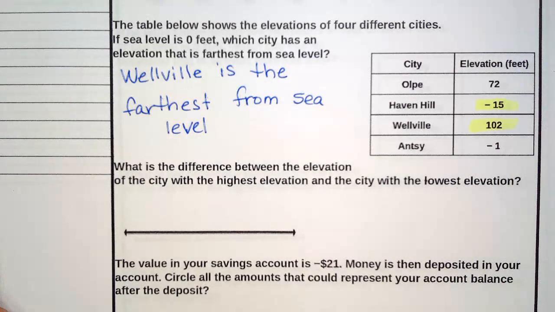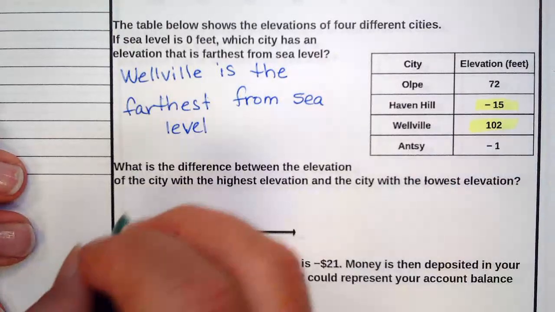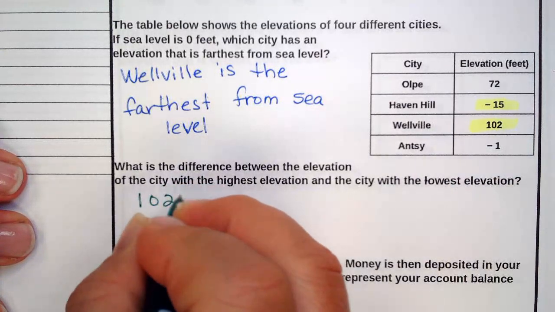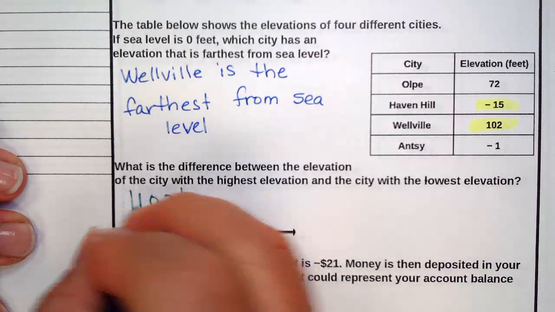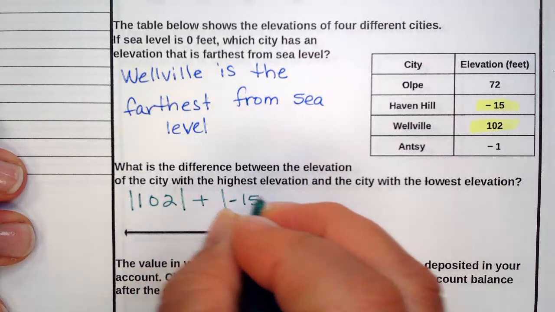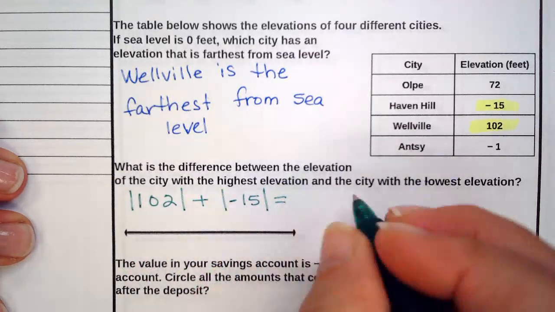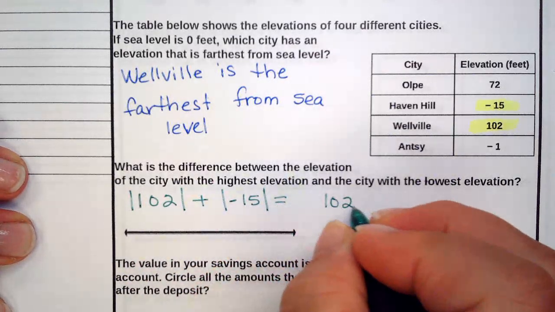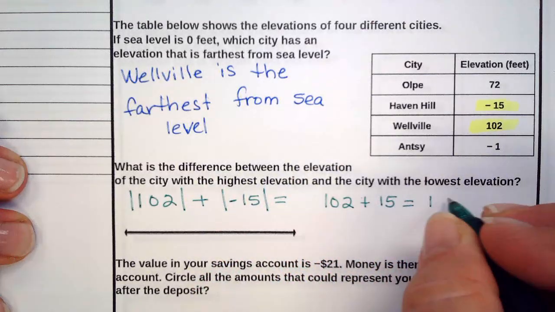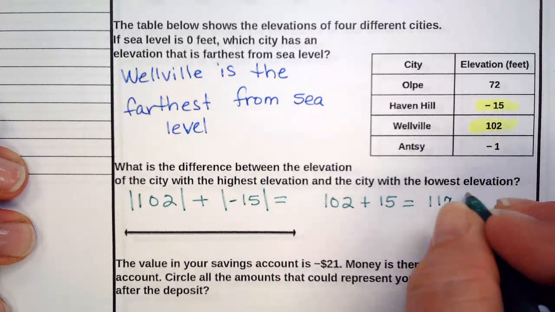To find the total distance, you would use absolute value. The absolute value of 102 plus the absolute value of negative 15. 102 plus 15 is equal to 117 feet.